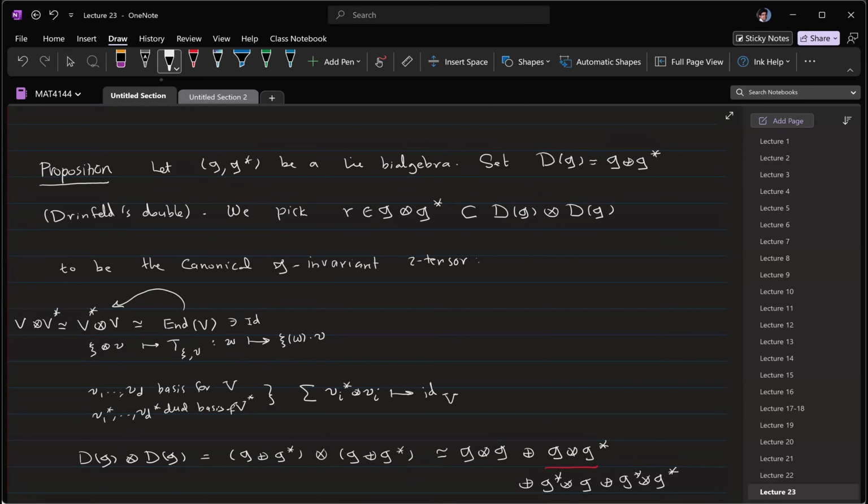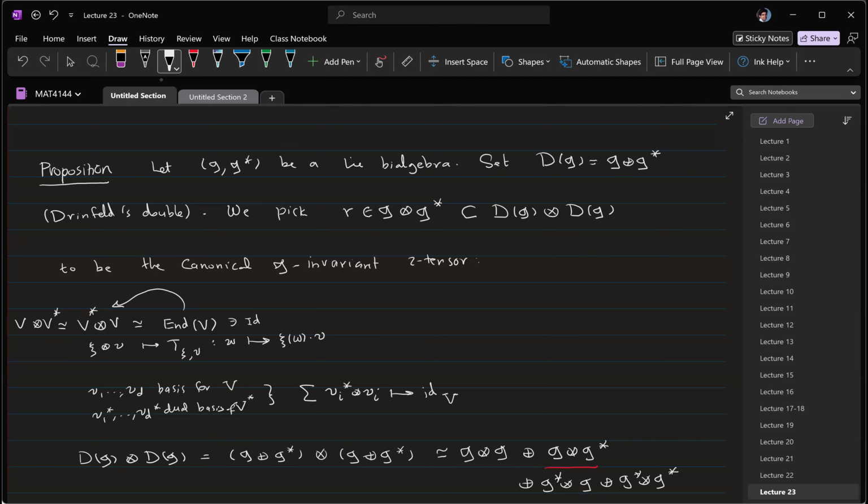And you can also see that this action of G that I defined on two tensors of G, you can also define in the same fashion an action of G on the two tensors coming from G tensor G star, and that action will vanish on this R. So it's an invariant.